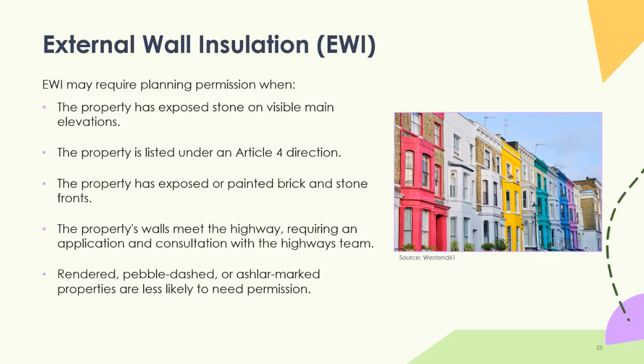The property might be listed under Article 4. I gave you an example earlier of that sort of thing. The property may have exposed or painted brick and stone fronts. Again, it really depends on the locality. Sometimes where the bricks are painted, they actually don't mind because they go, well, it's not that dissimilar to render, so that's absolutely fine.